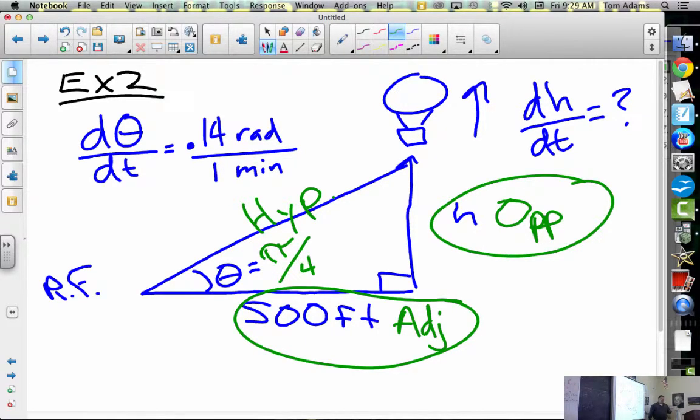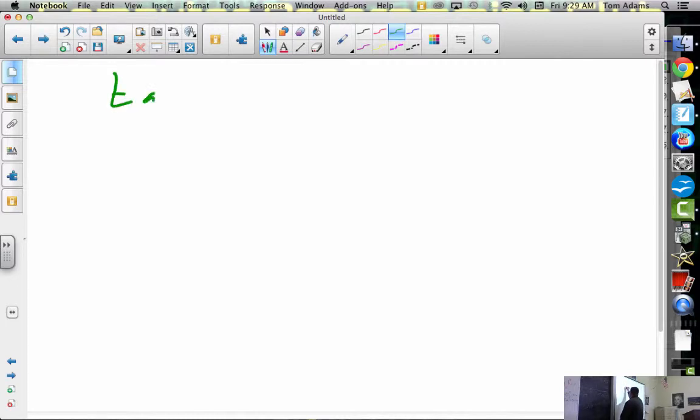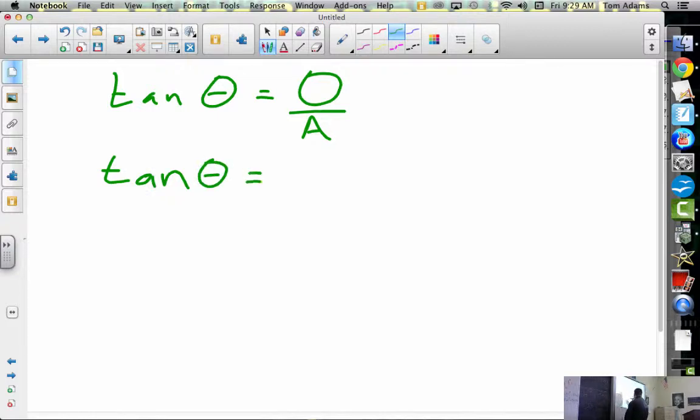So which trig function relates opposite and adjacent? SOH CAH TOA. Tangent, right? So I need to write down the relationship. Tangent of theta is equal to the opposite over the adjacent, or tangent of theta is equal to, in this case, h over 500.